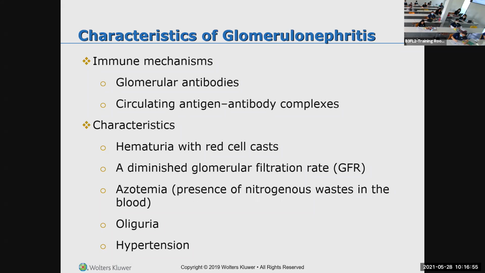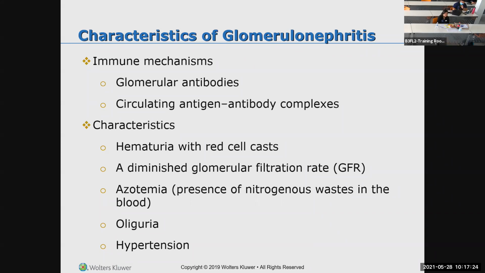Now, these patients suffer from a decreased glomerular filtration rate. In a normal healthy adult, we have a GFR. How much? Anybody? What is the normal GFR? 90? 120.